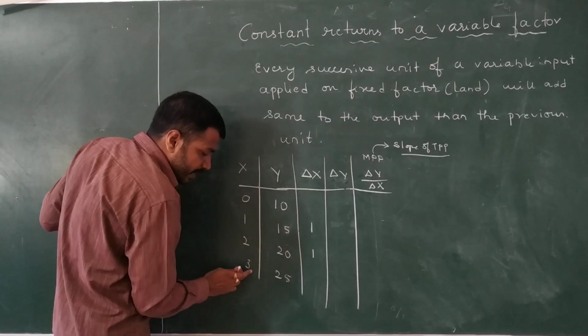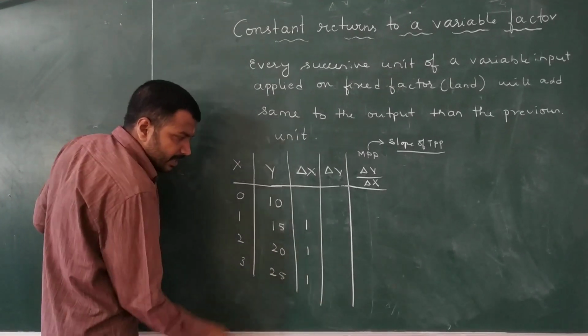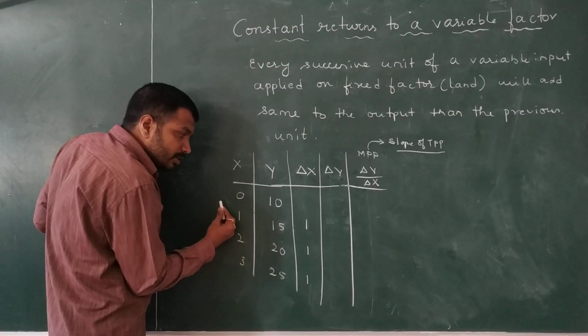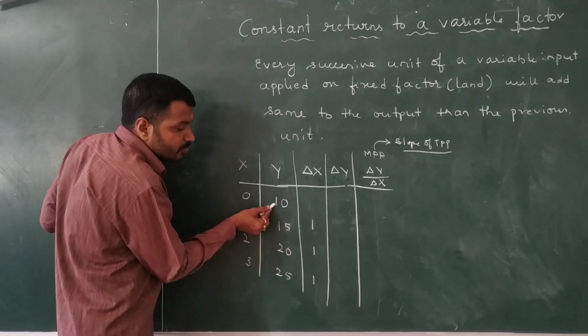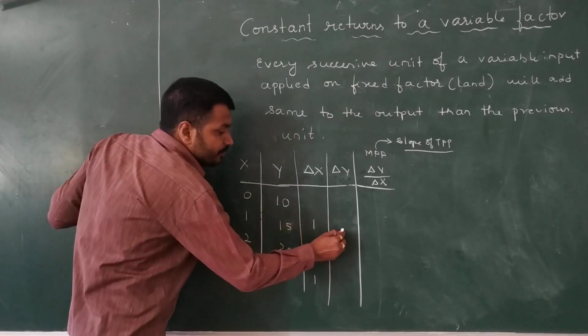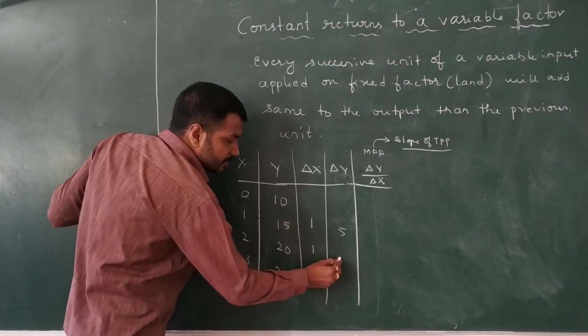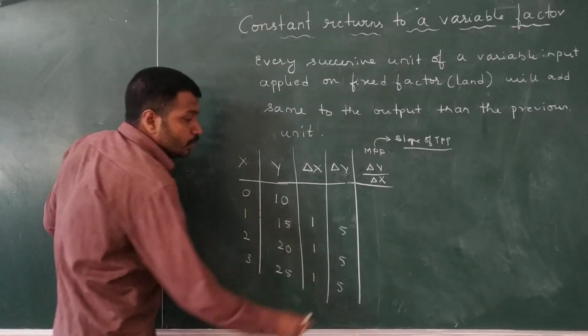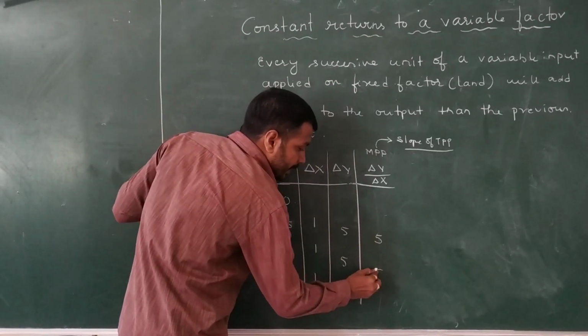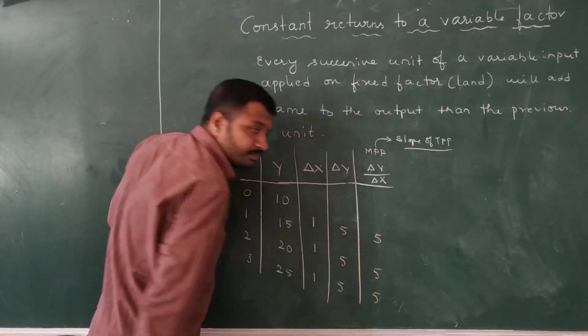Again it is 1, 1. Is it clear? Next, for the incremental change in input, the incremental output realized will be 15 minus 10, that is 5, 20 minus 15, that is 5, 25 minus 20, that is 5. So the ratio is 5, 5 and 5.